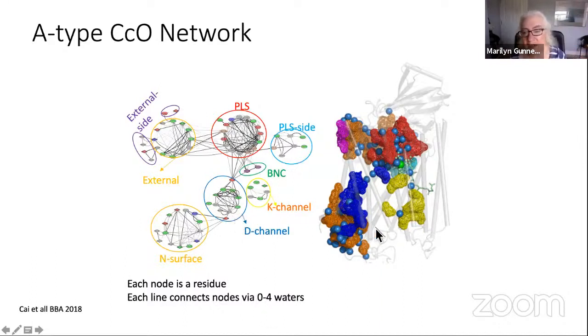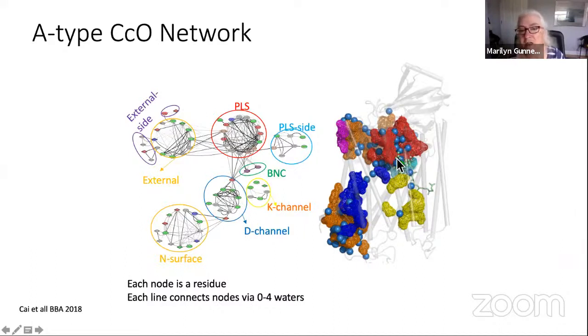So what you see here is the famous D pathway. It's got an aspartic acid 132 at the bottom. Here's a bunch of polar and water residues, no ionizable residues. And then here's another ionizable residue, which is glutamic acid 286, which we're going to talk about.